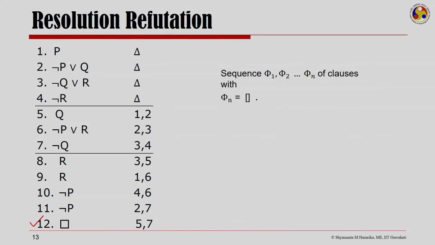So, the sequence of delta 1, delta 2 to delta n finally comes back with delta n as the empty clause, and that is the resolution refutation of delta. One interesting thing to note about this is that the set of clauses which had led to an empty clause, that means which had proved to be refutable, is actually unsatisfiable, because you could see in the very first level I could have things like q and not q.